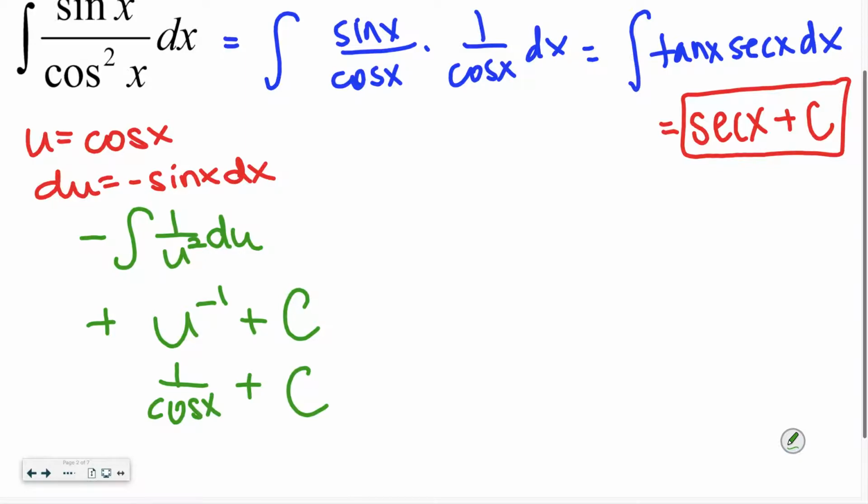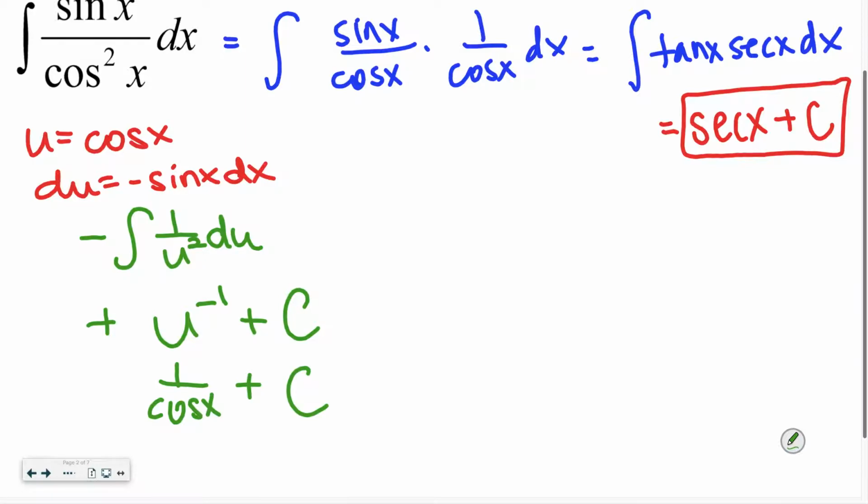But if you don't see the trig identities, if you can recognize that cosine and sine are related in the way that if we let u equal cosine, our du is going to have that sine of x in it, it's a very straightforward u substitution problem.